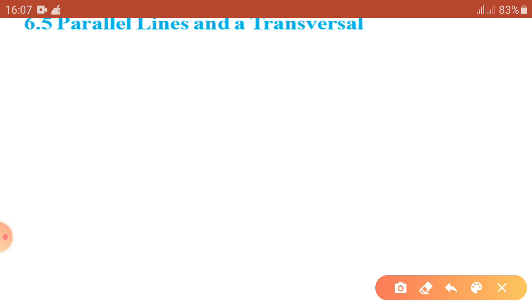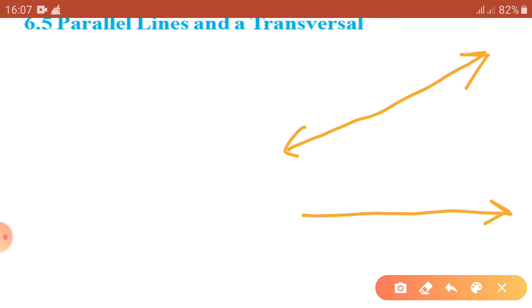Okay, so if I draw the line, suppose one line is M here, another line is N here. So this line is M line, this is N line. Okay, so line L intersects the line M and N at point P and Q respectively.